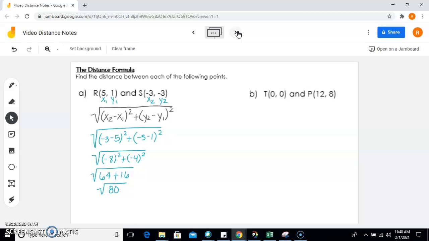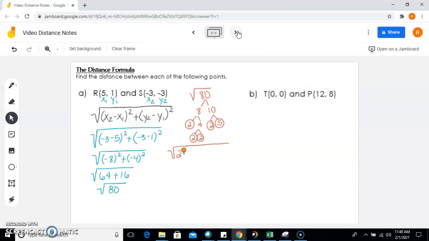So then again, I'm going to come to the side and I'm going to break it down. I have 8 times 10. 2 times 4, and 2 times 2. And then 10 would have given me 2 times 5.